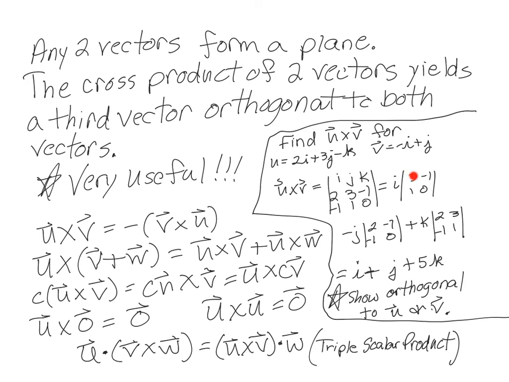Do your determinants. 0 minus a negative 1 gives me 1 in the i direction. 0 minus 1, but you're subtracting, which makes that plus. And then 2 minus a negative 3 gives me plus 3, and I get a 5. Now that is your cross product.